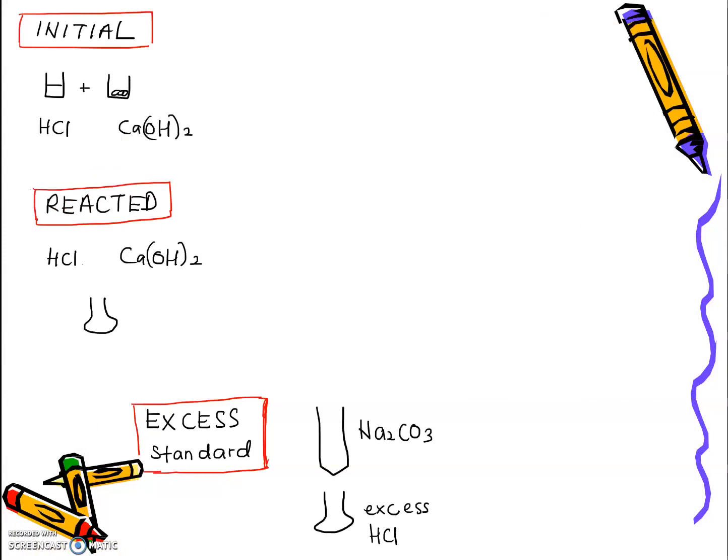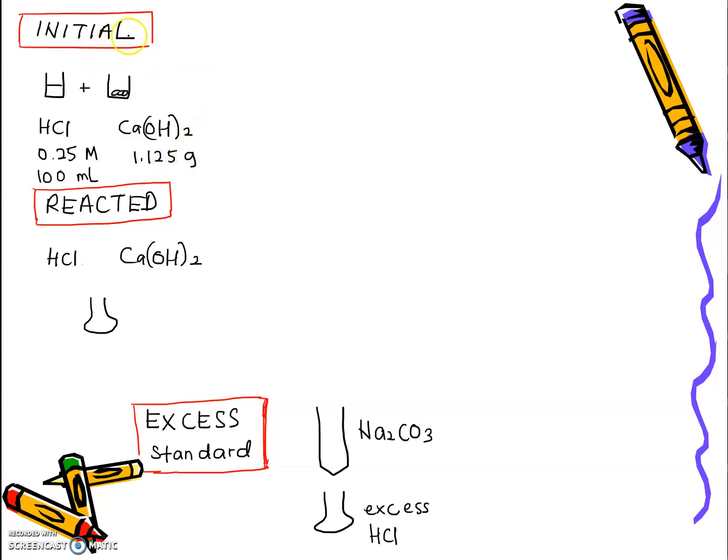Okay, so initially, given hydrochloric acid, the molarity is 0.25 molar with excess volume 100 ml. For sample calcium hydroxide, mass given 1.125 gram.